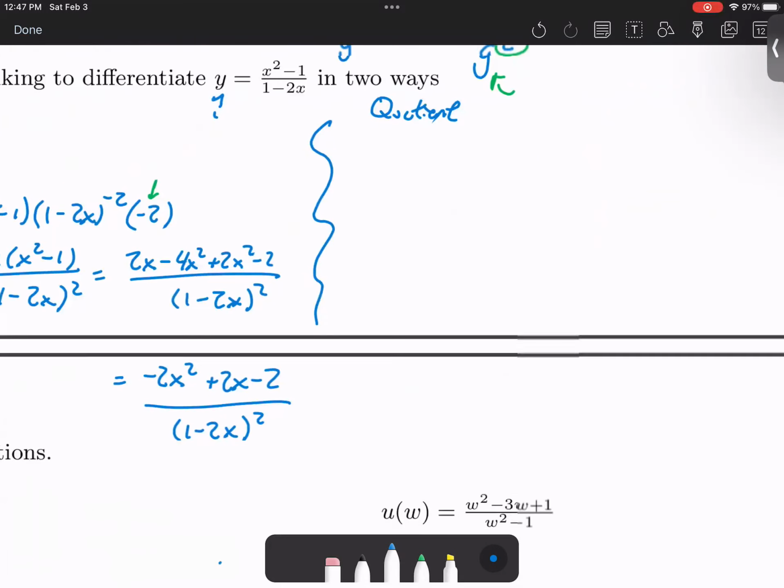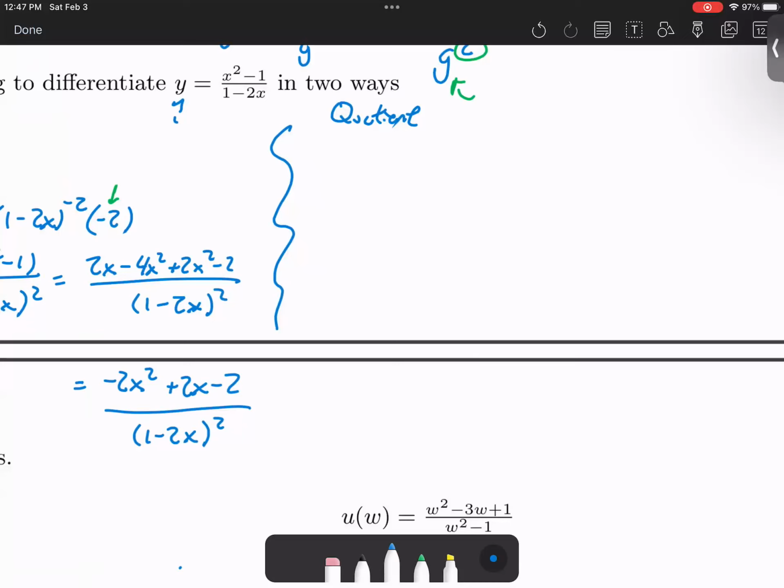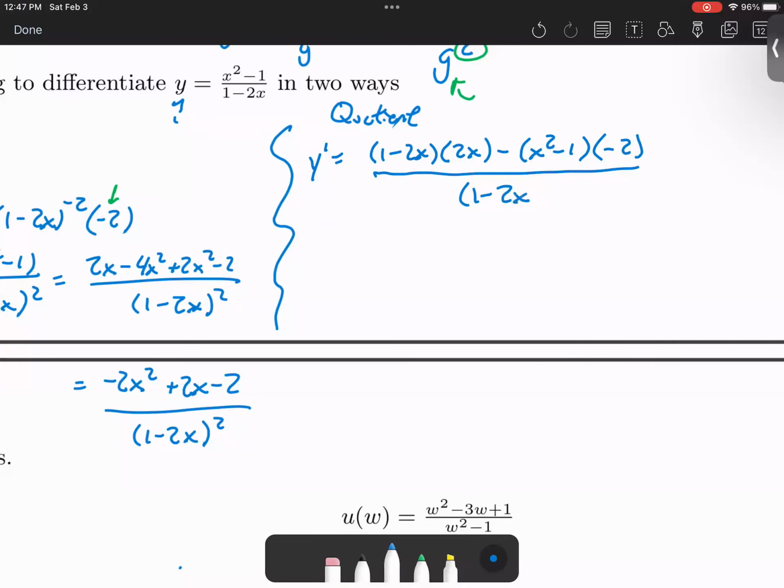Okay. So if you don't remember the quotient rule, you could use that product rule. But now, if we understand the quotient rule, y prime is going to be low d high minus high d low over low low.